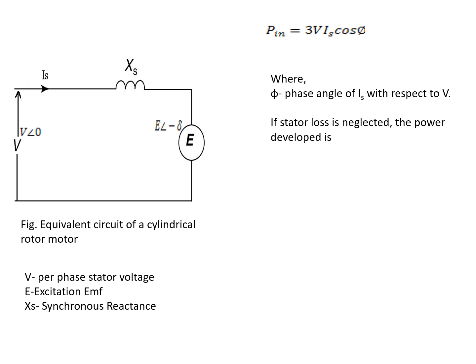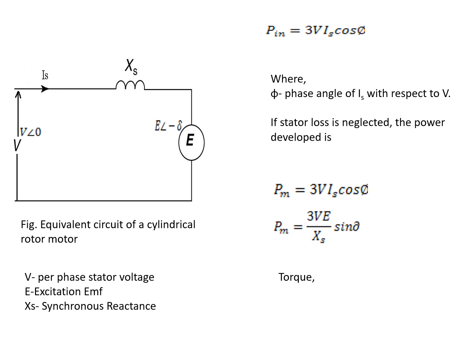Xs is synchronous reactance. As you all know, the power input will be then 3 VIs cos phi, where cos phi is the power factor and phi is the phase angle between Is and V. If the stator losses are neglected, then the power developed will be same as the power input.